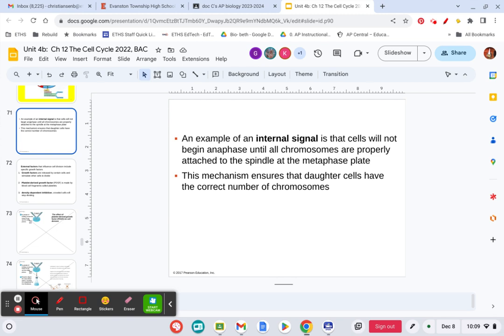If I was talking about us, 46 chromosomes, and 2 of those chromosomes went to one cell, how many would I have in that cell? 47. So I'd end up with one cell that would have 47, and another one that would have 45. The 45 doesn't typically happen.